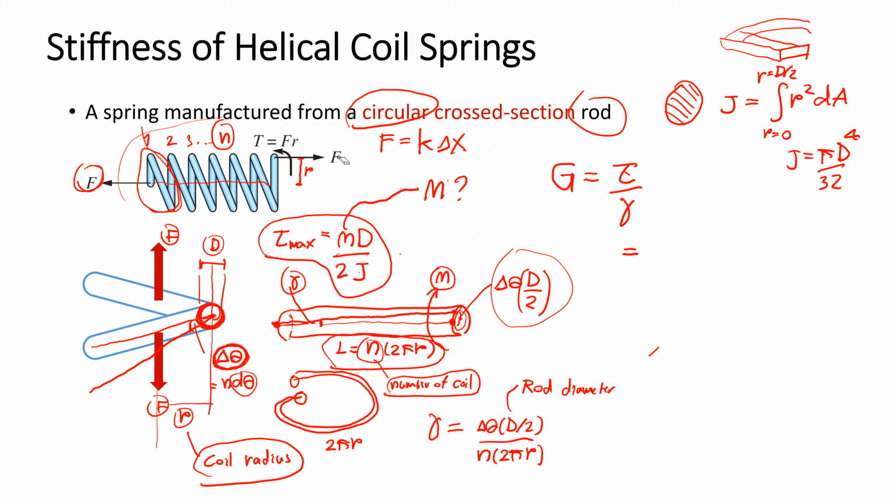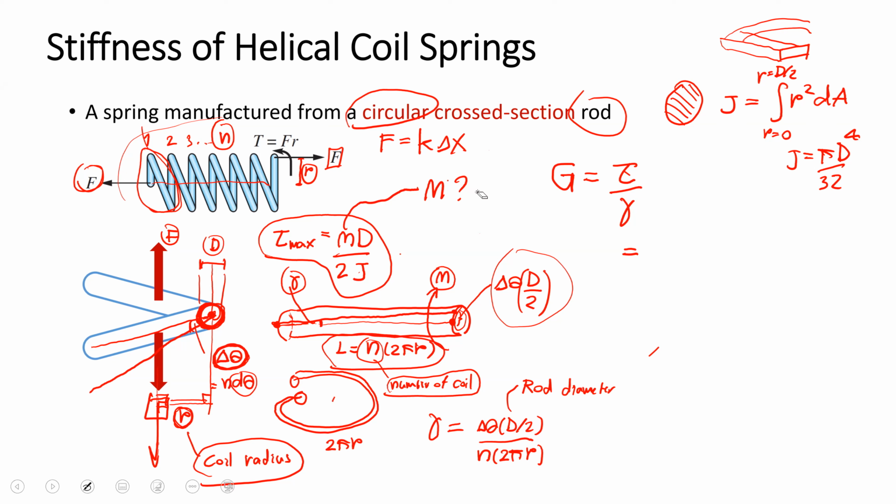We know that the linear force that applies on the coil is F, and the coil has the radius R. So the moment that we apply about the center line of the rod is going to be the force multiplied by the distance measured from the center of the rod to the force, and this distance is the radius of the coil.